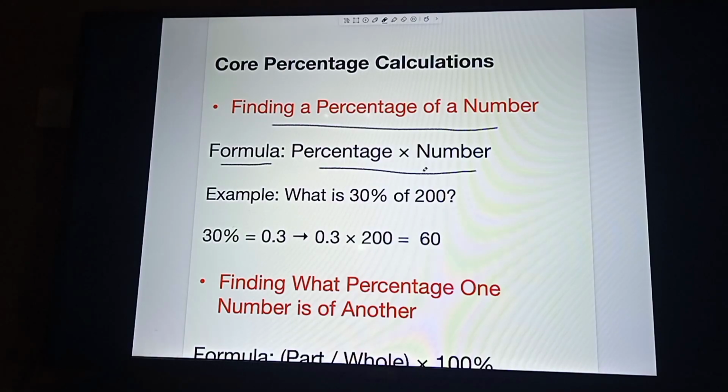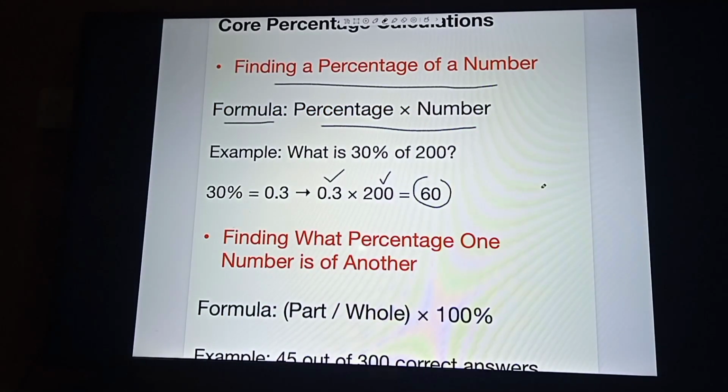We first convert the percentage into decimal, and then multiply to get the result. The word of in mathematics usually means multiply.